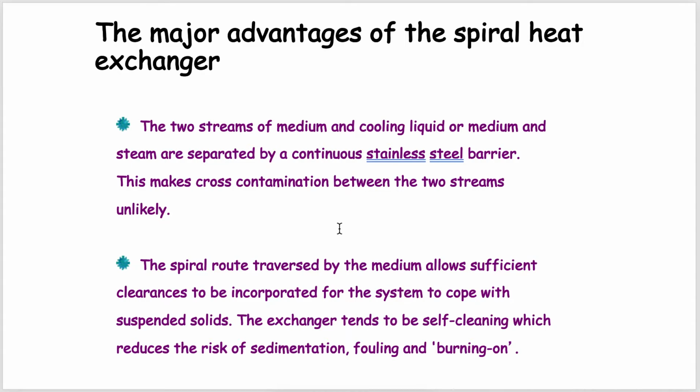Also, the spiral route traversed by the medium allows sufficient clearance for the system to cope with suspended solids. That means the media may contain some suspended solids, which can get stuck inside the sterilizer, but as the media are continuously flowing, and the flow is very smooth through the spiral tube, it gives sufficient clearance so that the suspended solids cannot settle down inside the sterilizer.